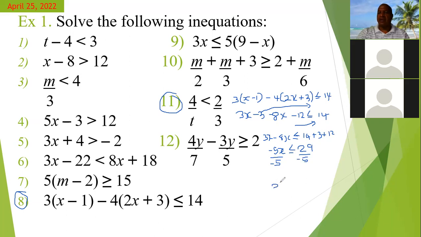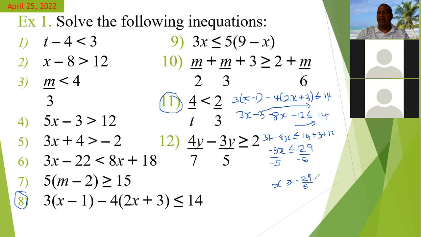So we'll get x. What was your answer, Ms. Wilson? Ms. Wilson? Yes, sir. I was saying 5 and 4 over 5. All right. So that would be -29 over 5.